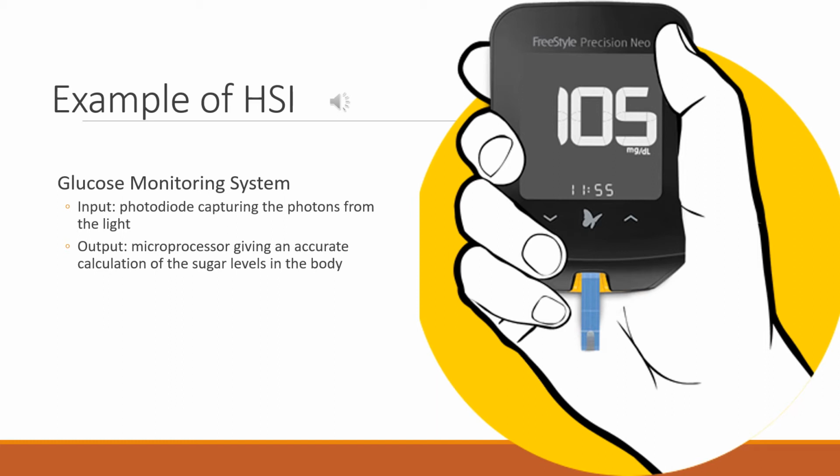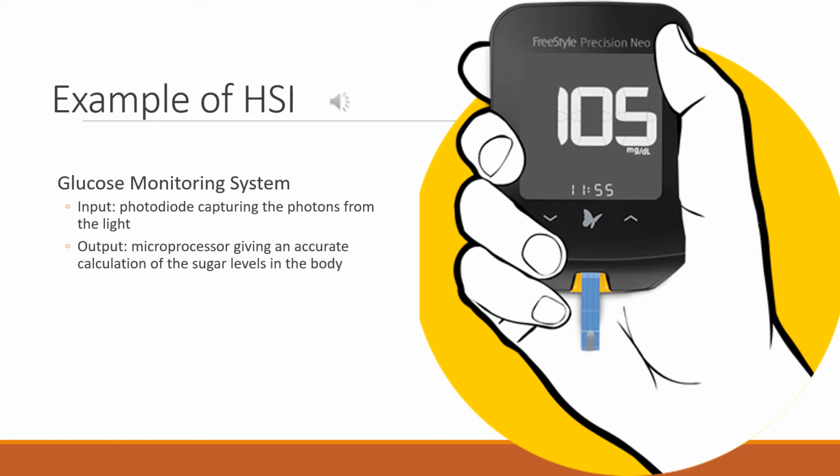The IR light emits into the user's forearm. The photodiode captures the light. The instrumentation amplifier cleans and amplifies the obtained electrical signal. And finally, the microprocessor calculates a glucose measurement in mg/dl based on the amplified signal.